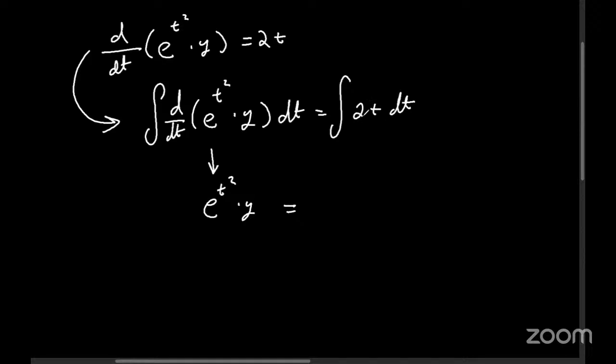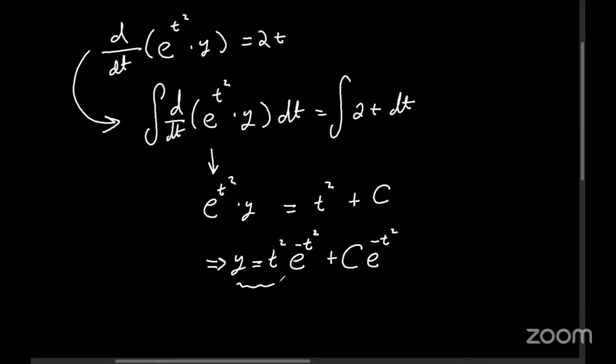And half of 2 is 1, so this is going to become t squared plus some constant c, and now we can solve for y. So this implies that y equals t squared e to the negative t squared plus c e to the negative t squared. Is there anything else we could do to clean this up?